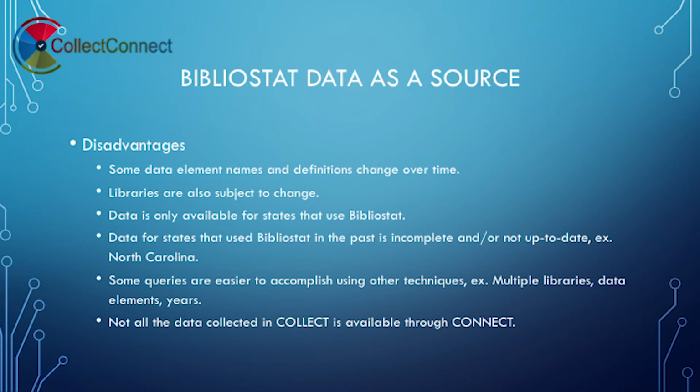What is the amount of funds carried over and placed in the library's reserve fund for the last 5 years? What fees do the libraries in my region charge for printing? What ILS systems are used by Virginia libraries? For access to data not available in Connect, please contact library development staff.